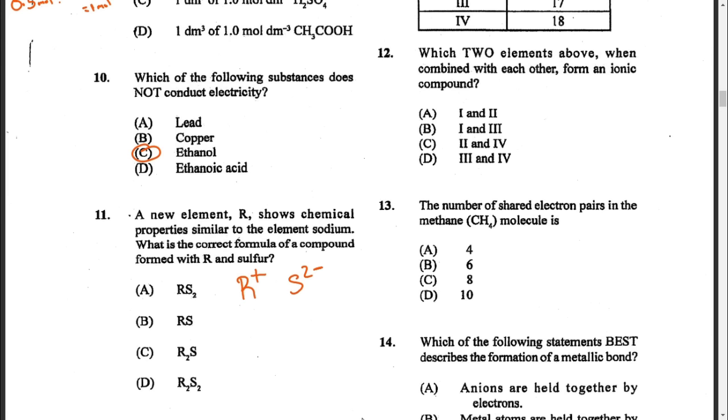To find the formula, you switch the number that is beside the charges. For sulfur, it's 2, and for R, it would be 1. Right? So we switch it around, and so it is R2S1. But we don't usually write 1, so we leave it as it is. So the answer is C.